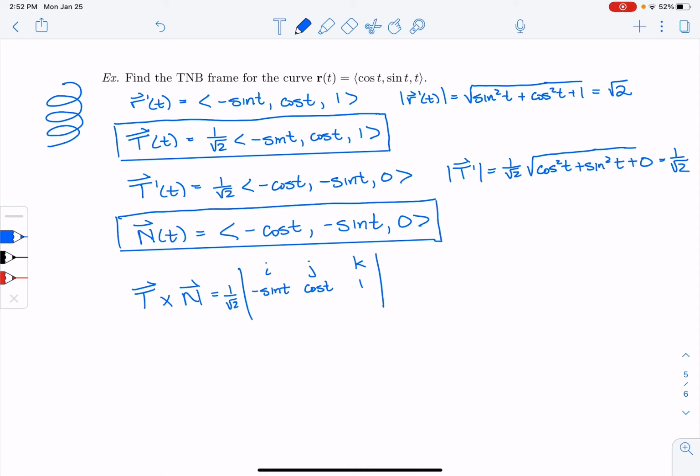And then N is negative cosine t, negative sine t, and 0.